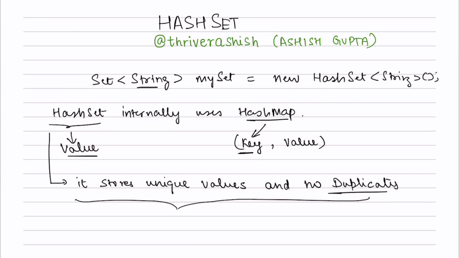So by now you would have guessed how HashSet values are stored in HashMap.